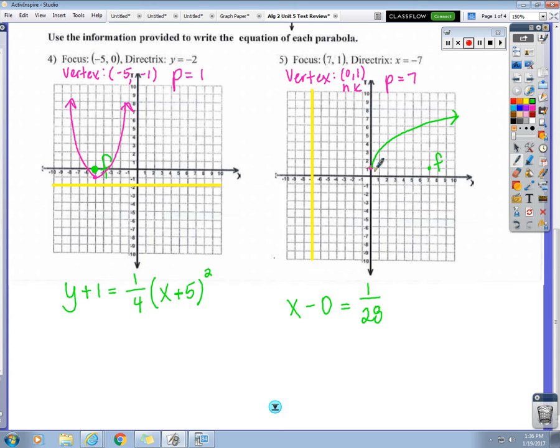Okay, the focus is always inside the parabola, so that means it opens to the right, which means this number is positive. Right is positive. And then y minus k squared. Now, when you look at these choices on your test, they're not going to write x minus 0. They're just going to write just x. Okay, there's no need for the x minus 0. Just put x. Okay, go ahead and turn to the next page.